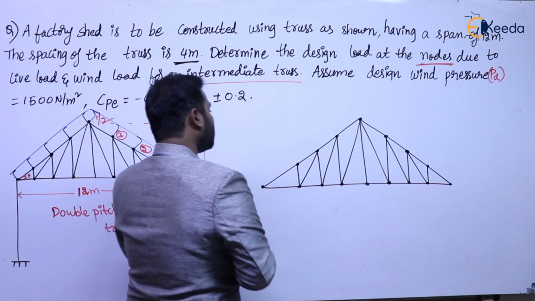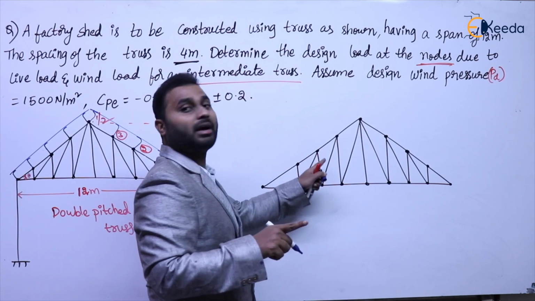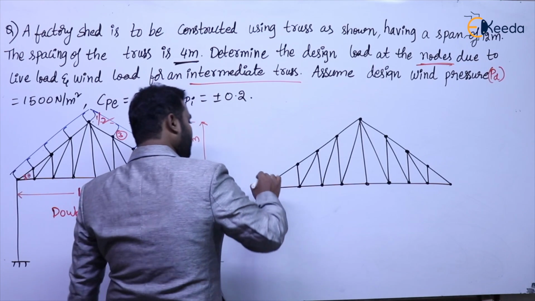Just now we have discussed wind load will act perpendicular to the plane of this principal rafter, and that too away from it, away from the truss.